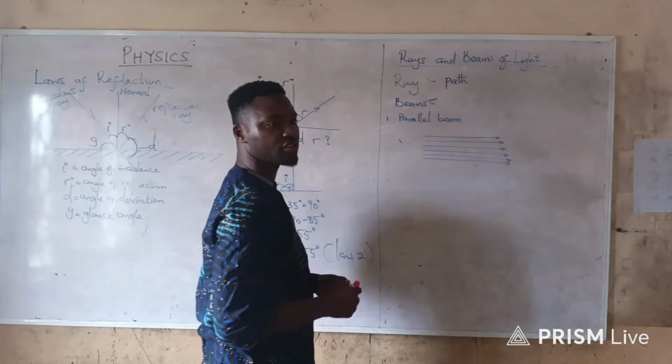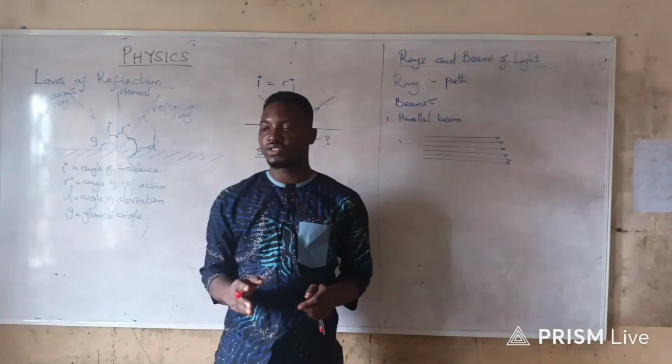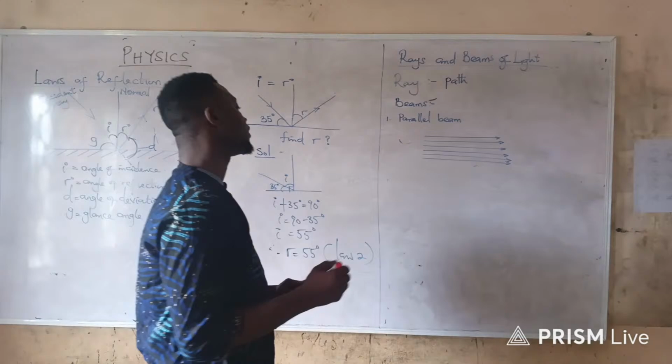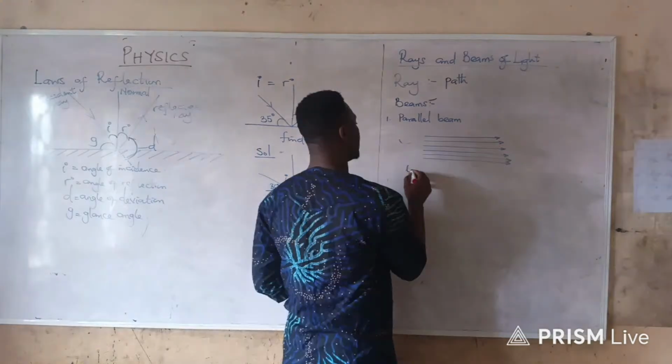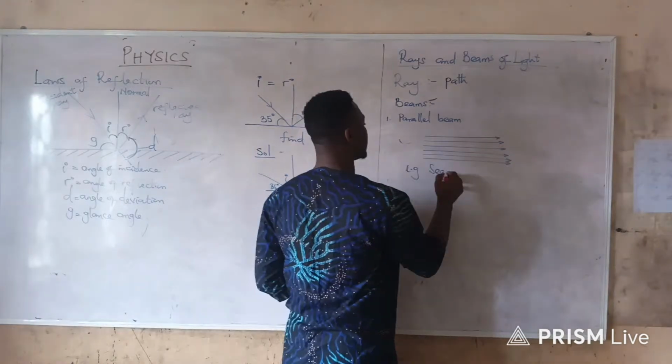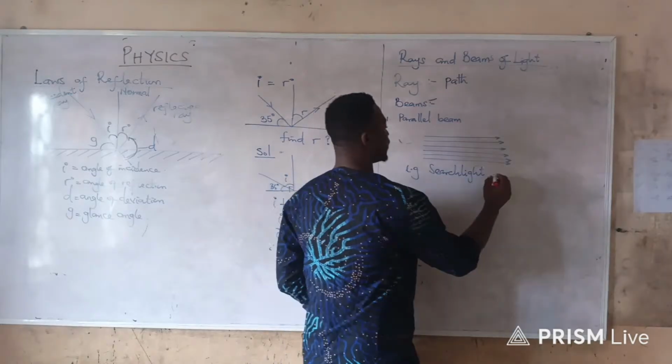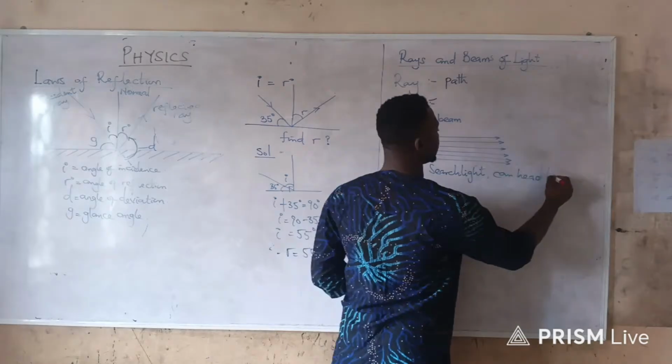You can see parallel beams of light. Example of parallel beams of light: car headlamp.